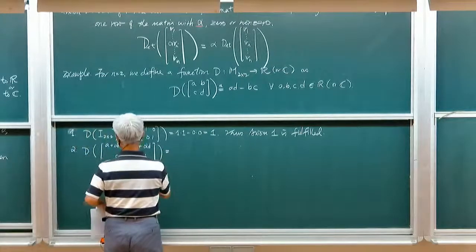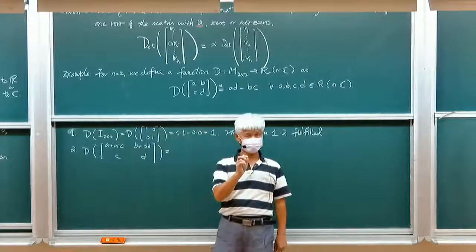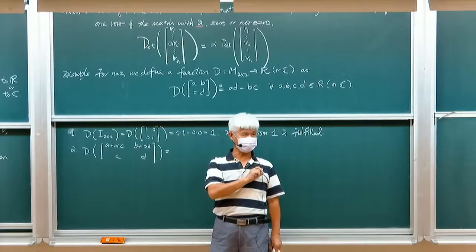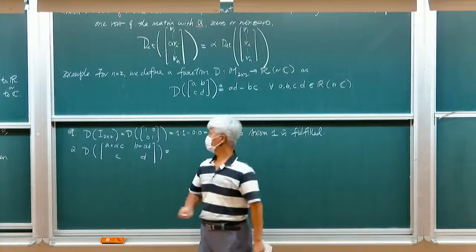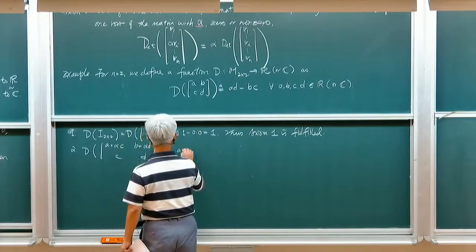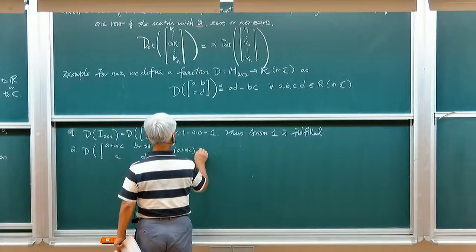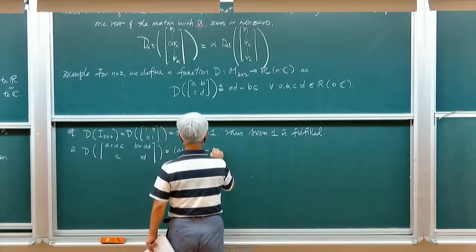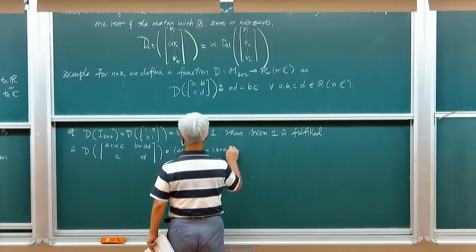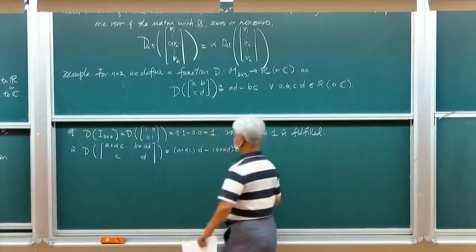So this is a new matrix after the replacement row operation. By definition, this is A plus alpha C times D minus B plus alpha D times C. So what is that?